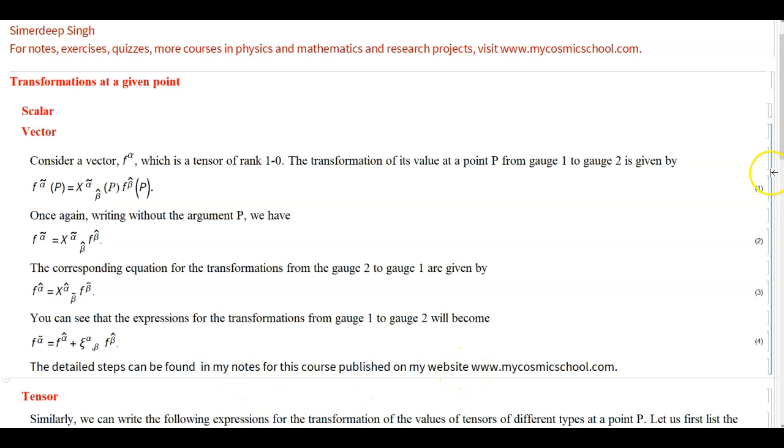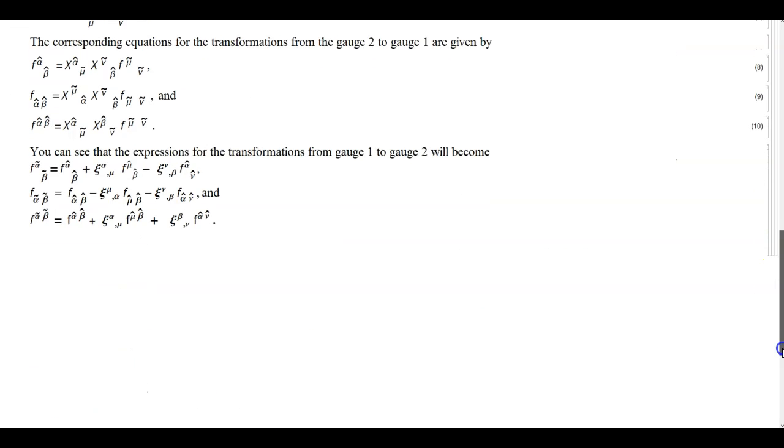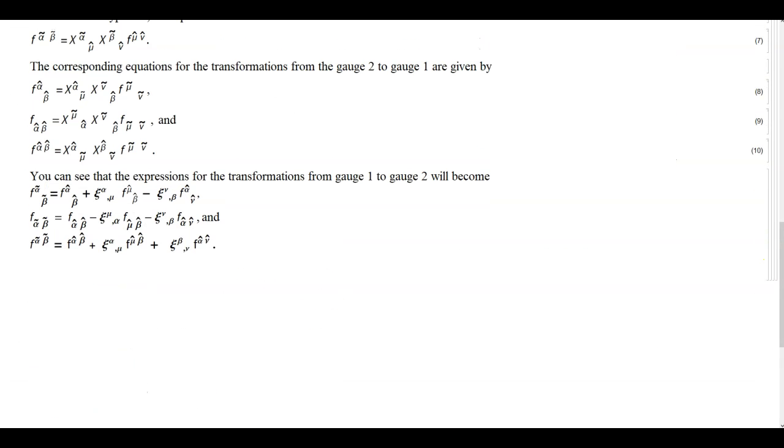One of these I will present here also in my next video, and for the others you can do it as an exercise and follow the same steps, or you can also see the detailed solution on my website.